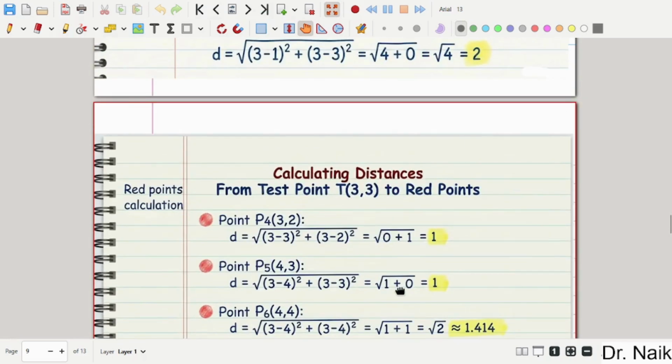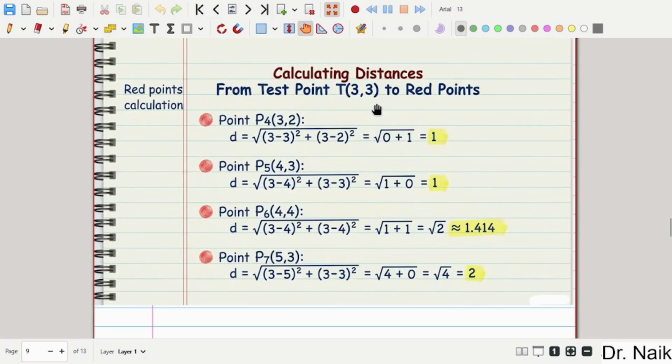Now calculate the distance between the test point and the red points. The red points given to us are 3, 2; 4, 3; 4, 4; and 5, 3. Now calculate the distance between the test point and the point 3, 2 by using the Euclidean distance formula, and it comes to be 1.